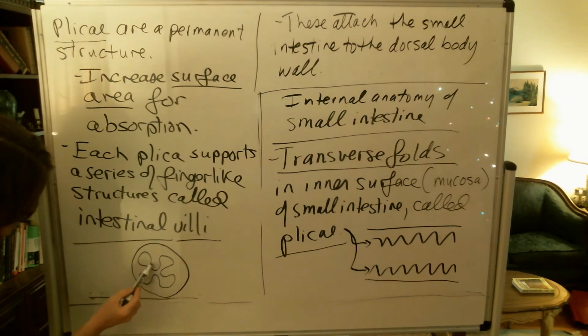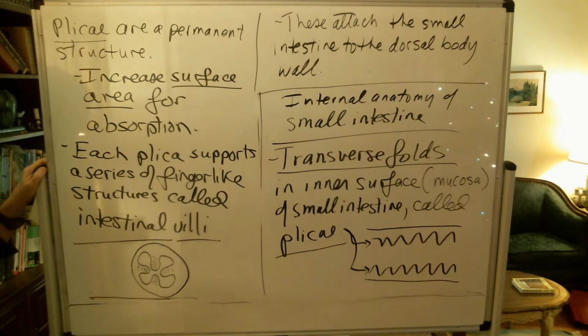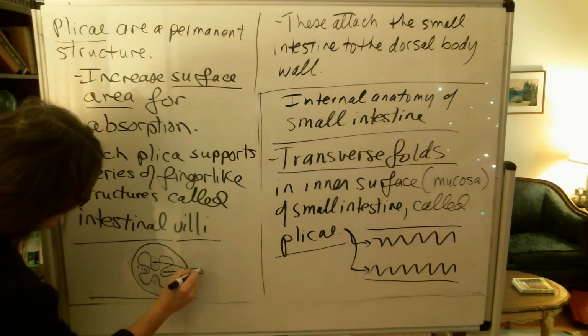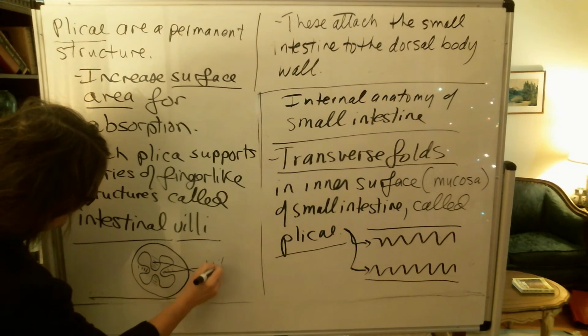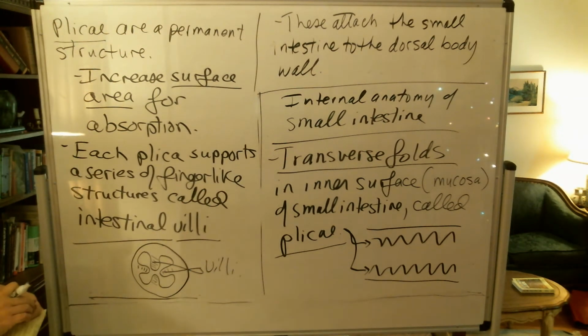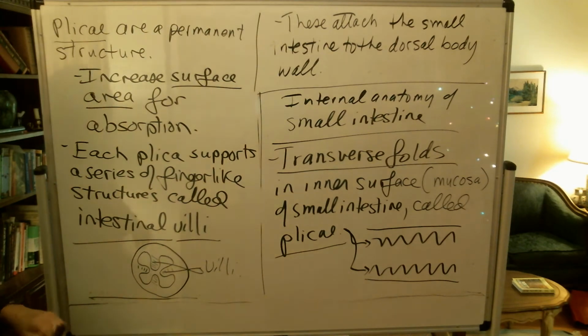So you see here's one, and here's one, and here's one, and here's one. So these things here that project into the small intestine, I'm not going to label the other two, but there they are, those are your intestinal villi. We're still not done.